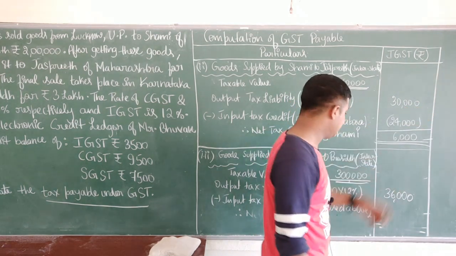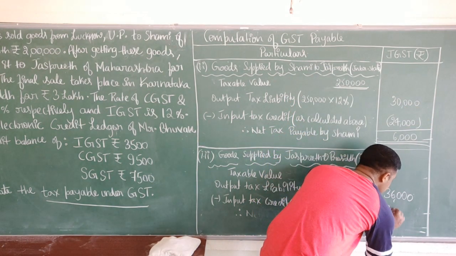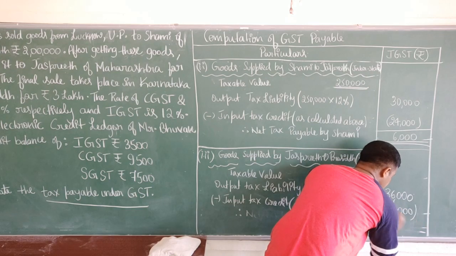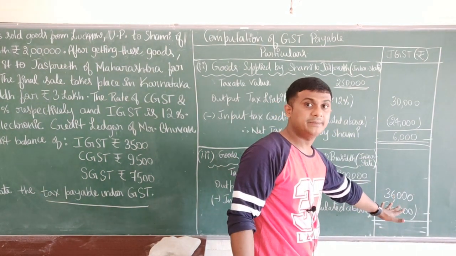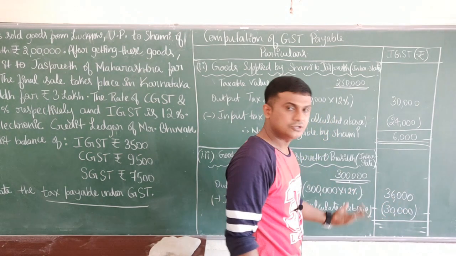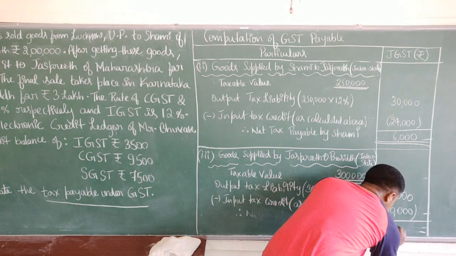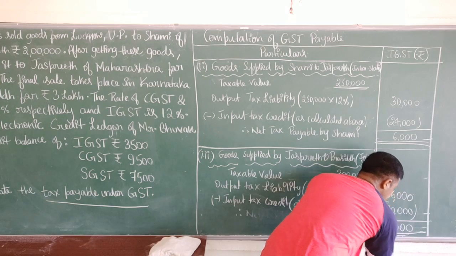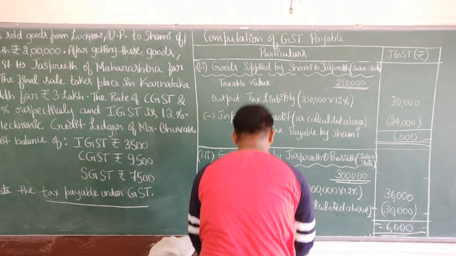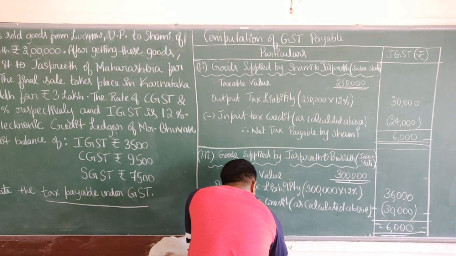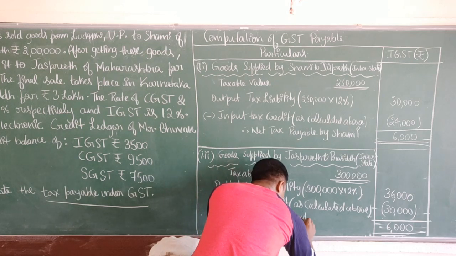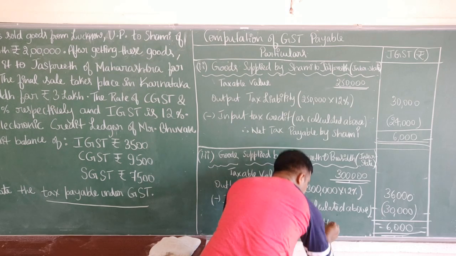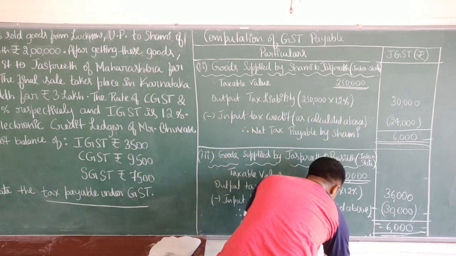So this will be available as input tax credit to Jaspreet, IGST. So first, same head set off we are doing. So after setting off, the value is 6,000. So this is the net tax payable. Net tax payable by whom? By Jaspreet.